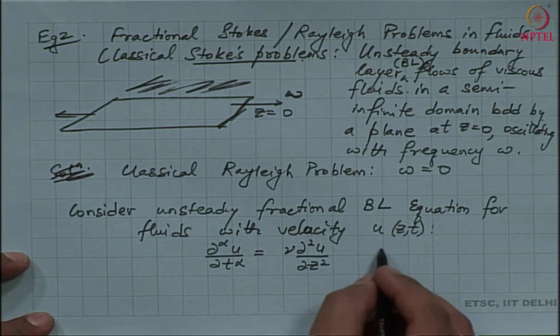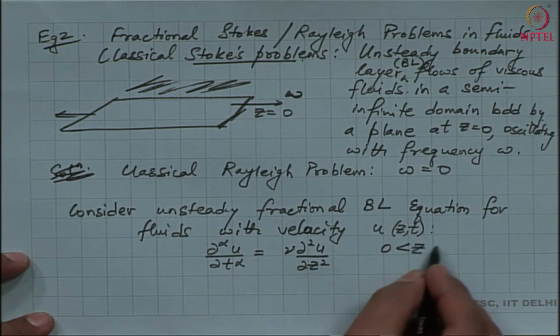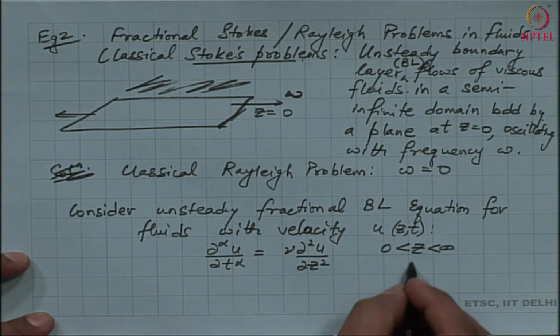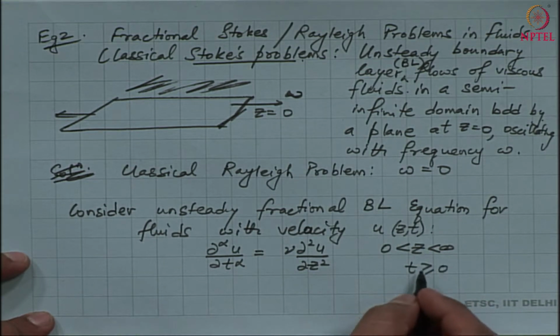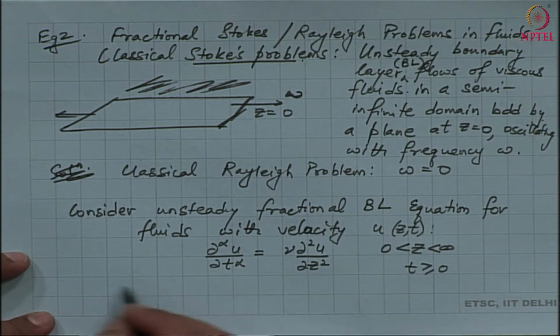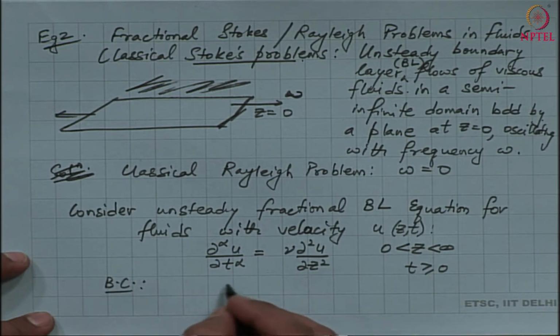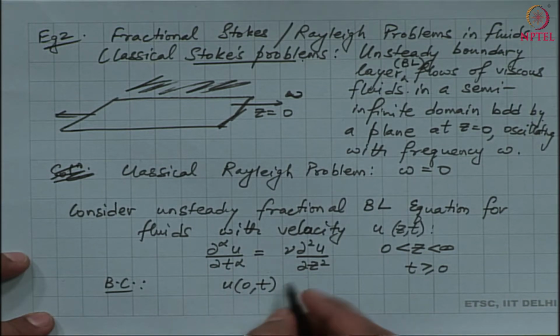Okay. And of course, this is a semi infinite domain. So, z is positive and t is non negative, and I am further given the boundary conditions as follows. I am given that u of 0 comma t, the velocity on the plate, is given by u times f of t.